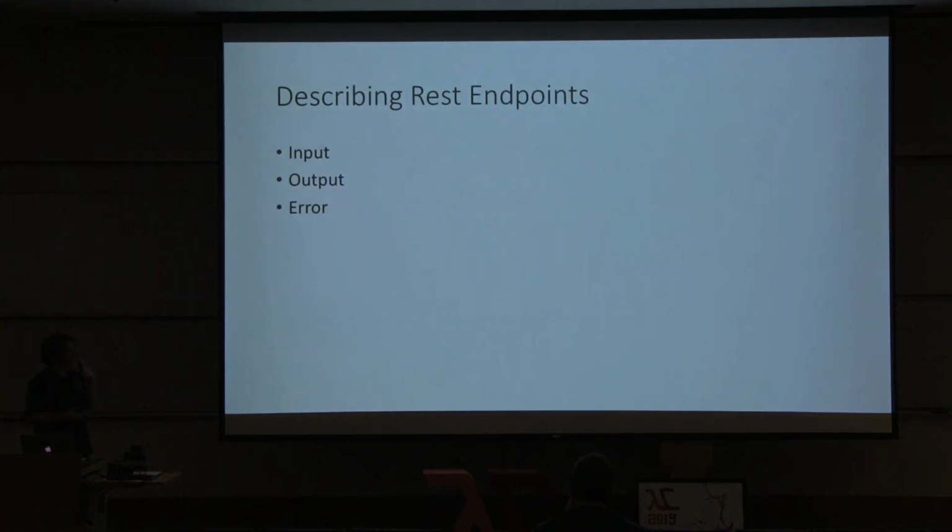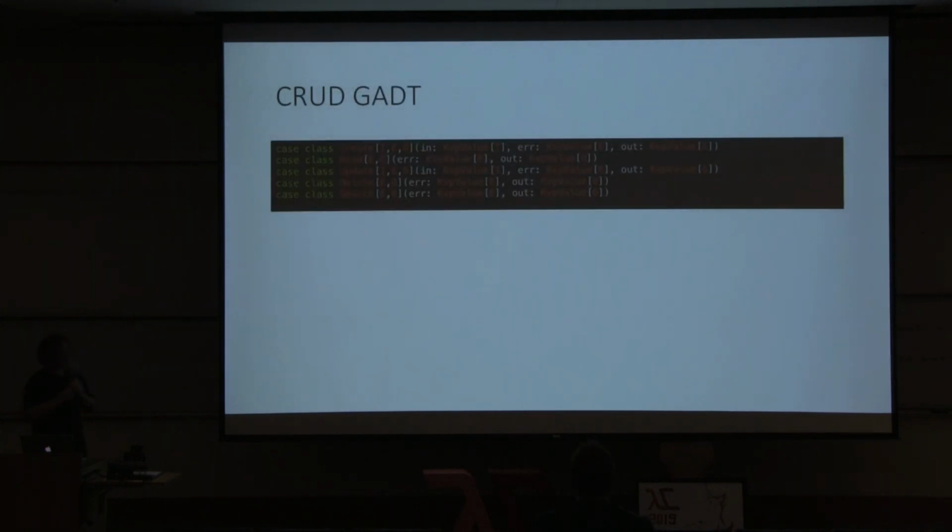All right, endpoints. So a REST endpoint is really just an input, an output, and an error. So let's describe that as a GADT or similar. This isn't really a GADT, but it's still a description of the data.